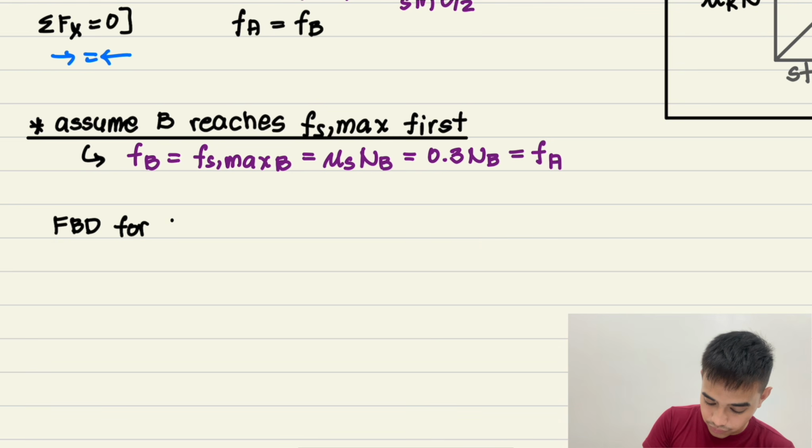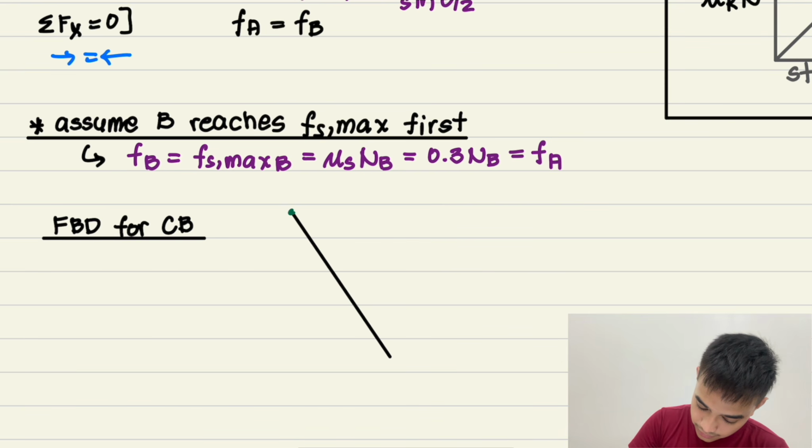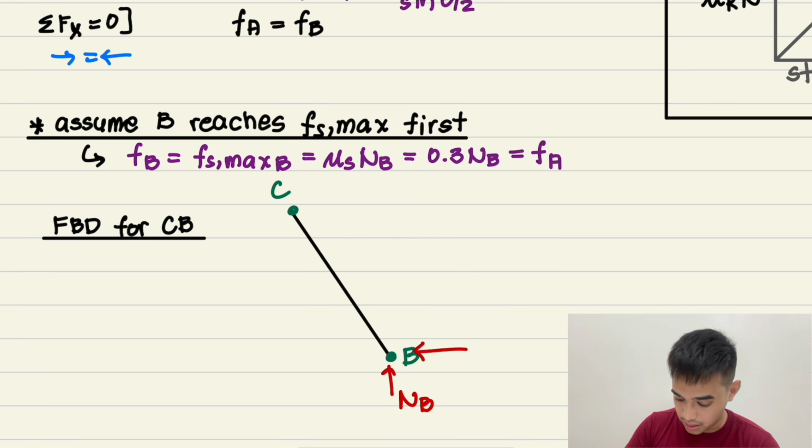And for convenience, we will create the free body diagram for CB. So it'll be as such. So at C, and this is at B, we have the normal force at B, the friction force at B, which is equal to 0.3 NB, so we've already seen here.